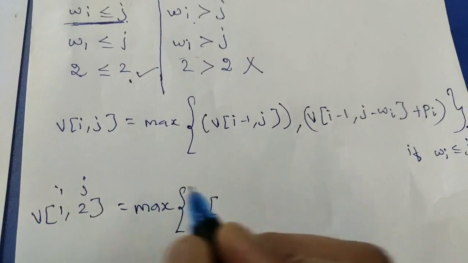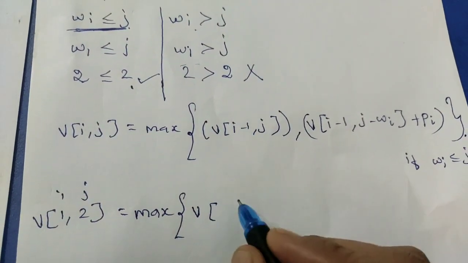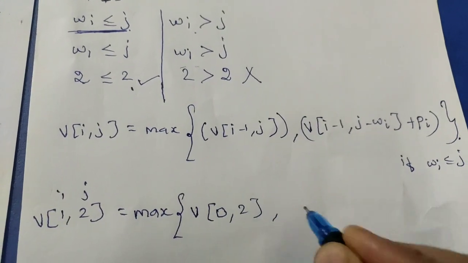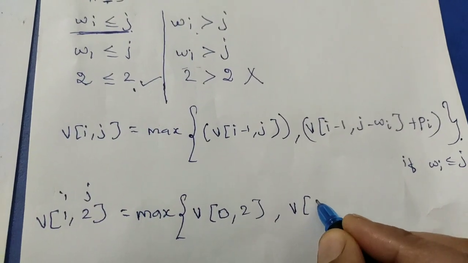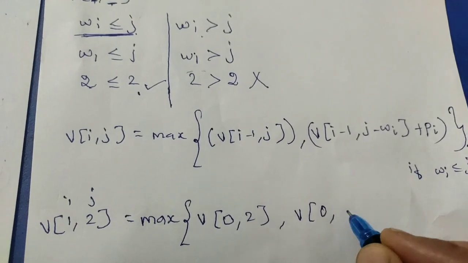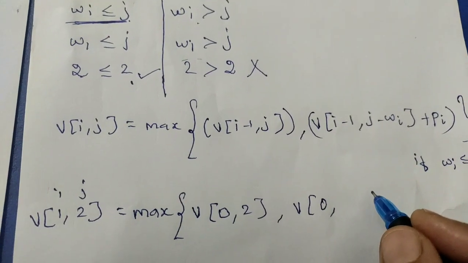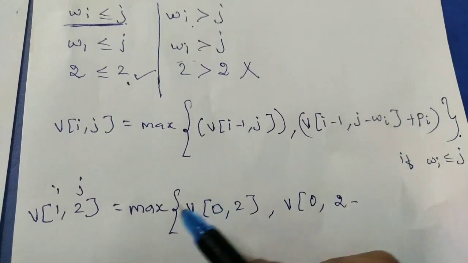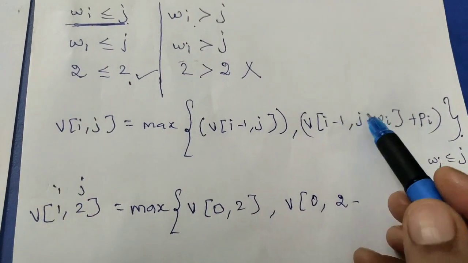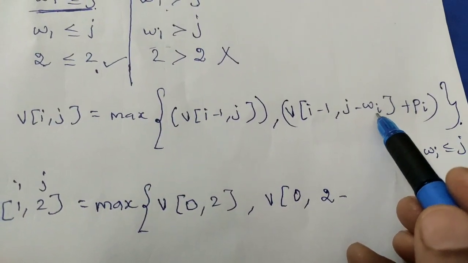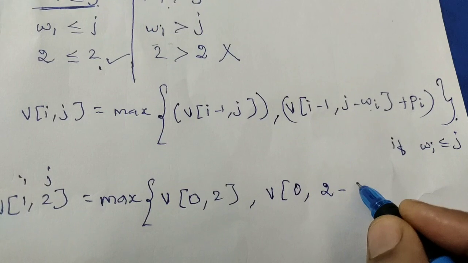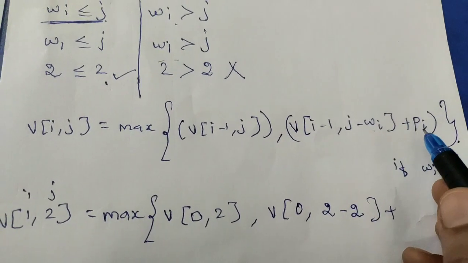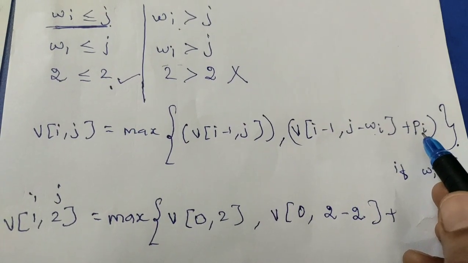This is I value, this is j value, I value is 1, I minus 1 means 0, j value is 2, comma, V of I minus 1 means 1 minus 1, 0, j minus wi. j value is 2, I value is 1, weight of item 1 as per the given question is 2, plus profit of the item getting processed.